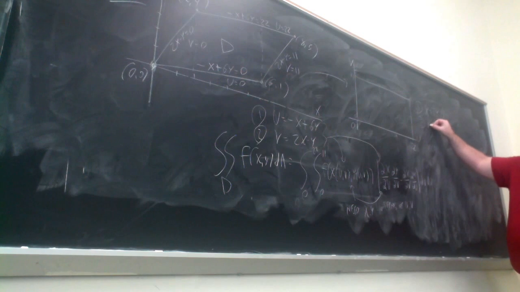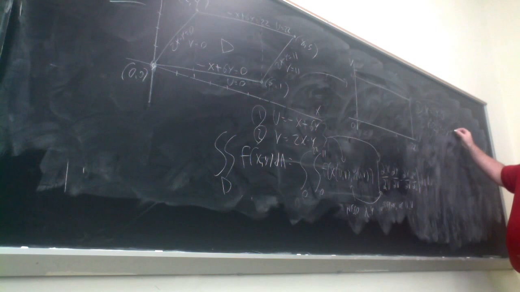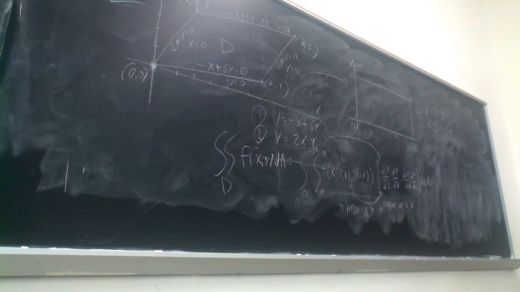So I have v is equal to 6y minus u, minus y. And I can simplify that. So I have 11y minus u. So now I can take that, x is out of the picture, and I can solve that for y. So it's going to be 2u plus v over 11.